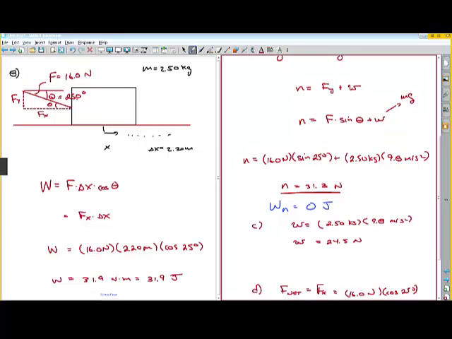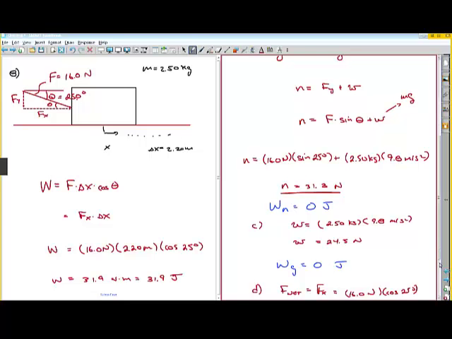So you always have to be in the direction. So this one's 0. The work due to the weight is also 0. It seems counterintuitive, but since we are moving in this direction and the weight is pointing downwards, we have an angle of 90 degrees, and therefore the work due to gravity is also 0 joules.